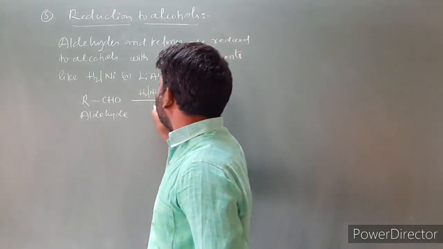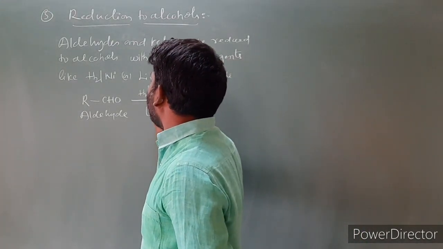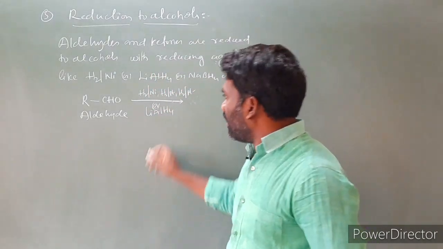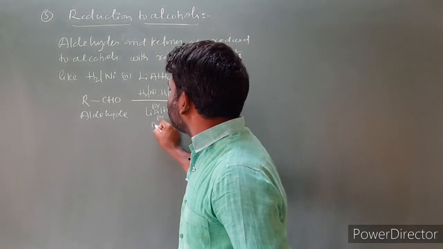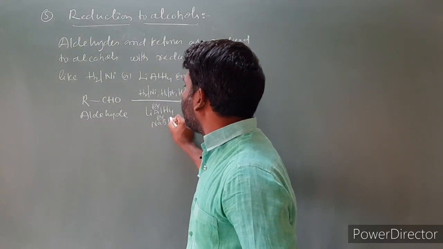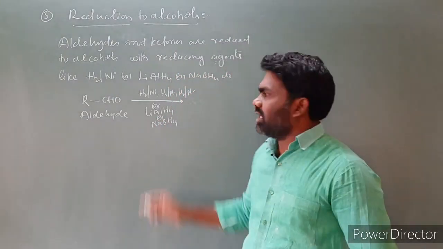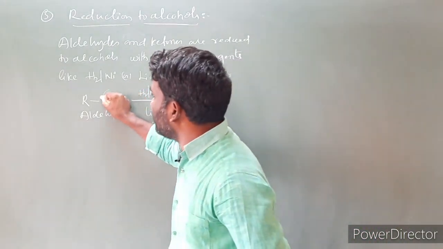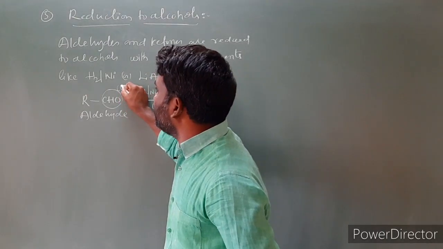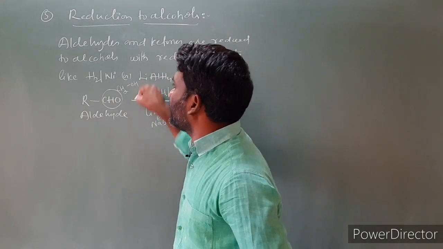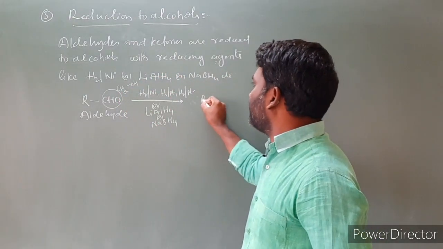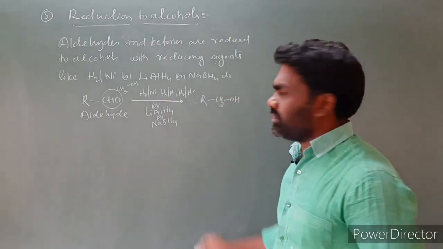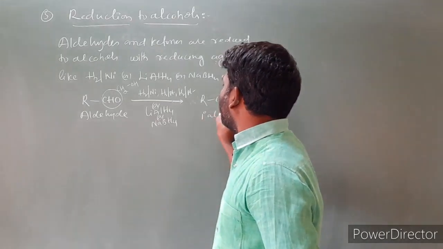Otherwise you can take lithium aluminum hydride, or sodium borohydride, NaBH4. If you take any reagent, the CHO group is converted into CH2OH, then the product is RCH2OH, a primary alcohol.